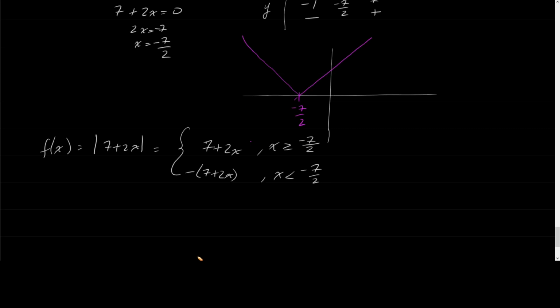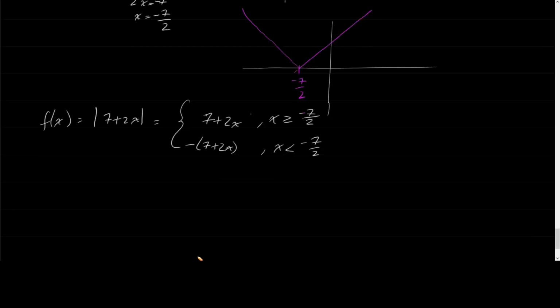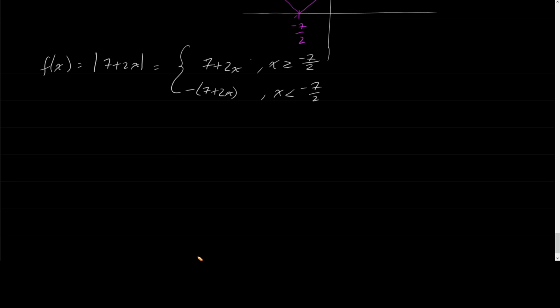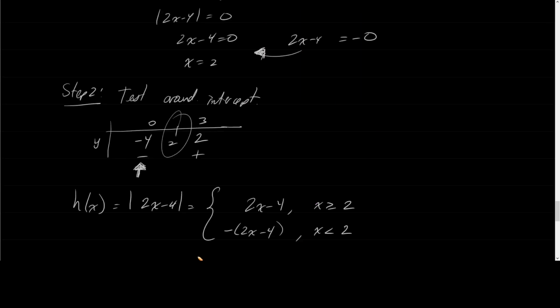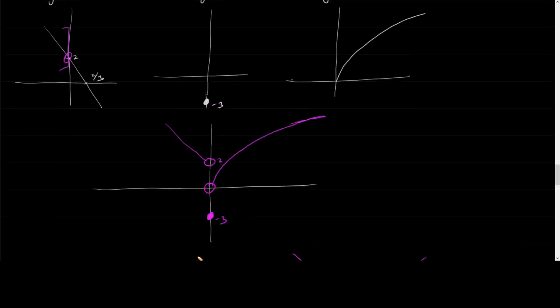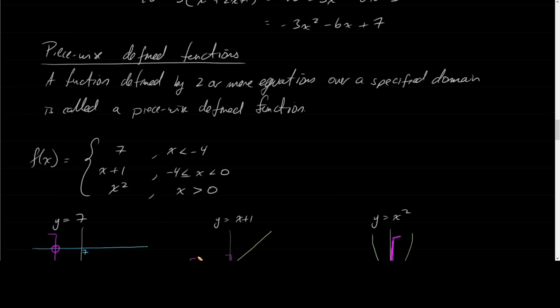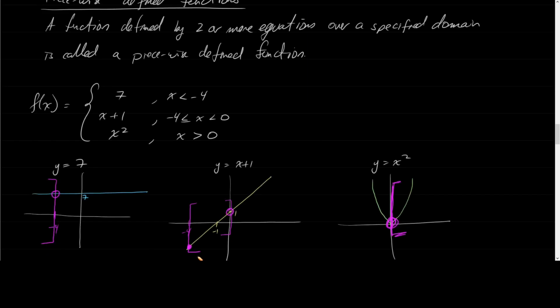Now, how do we evaluate these? All right, how do we evaluate these? Well, let's look at an example. I probably should have lettered some of these examples just for future reference. So I'm going to letter them right now.